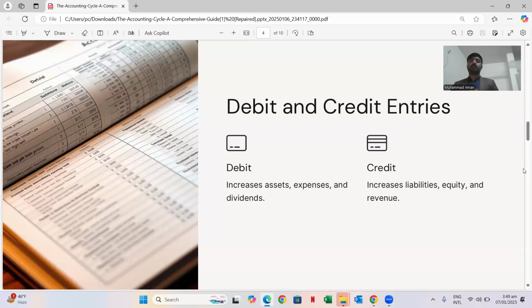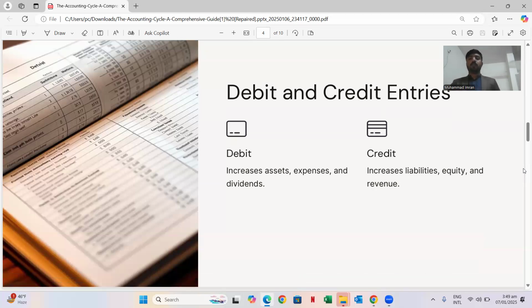Another example is purchasing a building on account or notes payable. The building which we purchased is debited because it increased the assets, and the note payable incurred because we purchased the building will be credited.